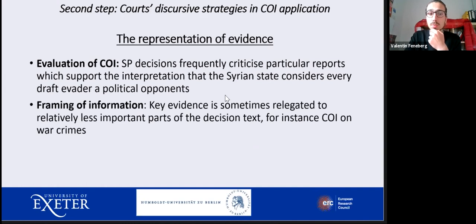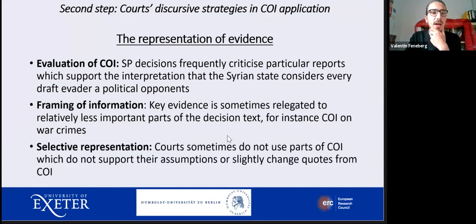Another example, maybe the most important, is the different framing of information. I'm sorry, this is a very brief summary, but we can go back to this in the discussion. The different framing of information occurs, for example, when key evidence is only quoted in minor or less important parts of the decision text, for example, on war crimes. And the last example is a very selective representation of particular parts of COI reports, for example, when these parts did not support the assumptions made earlier.